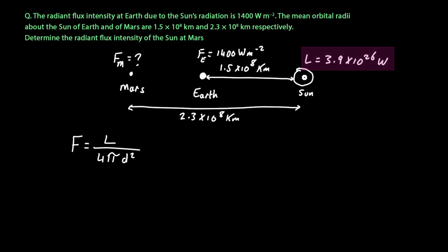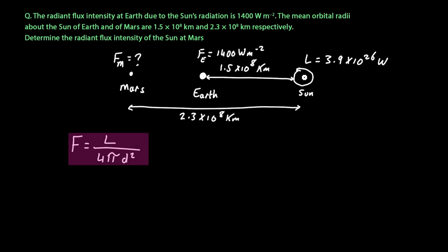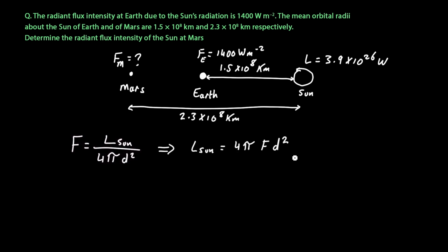Now, we're not given this in this question, but we don't actually need it to solve this problem here. We can rearrange our flux equation here to make the luminosity of the Sun the subject of the equation. So the surface area of a sphere with a radius of the Earth's orbit multiplied by the flux intensity at the distance of Earth's orbit is equal to the luminosity of the Sun.